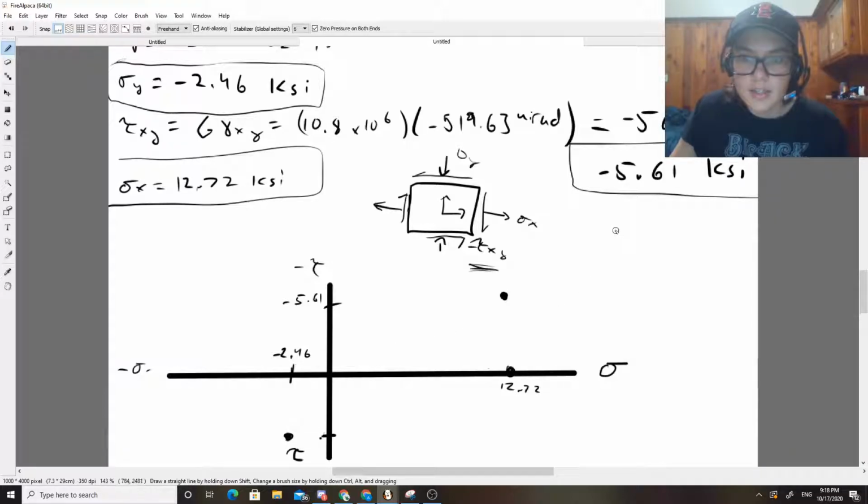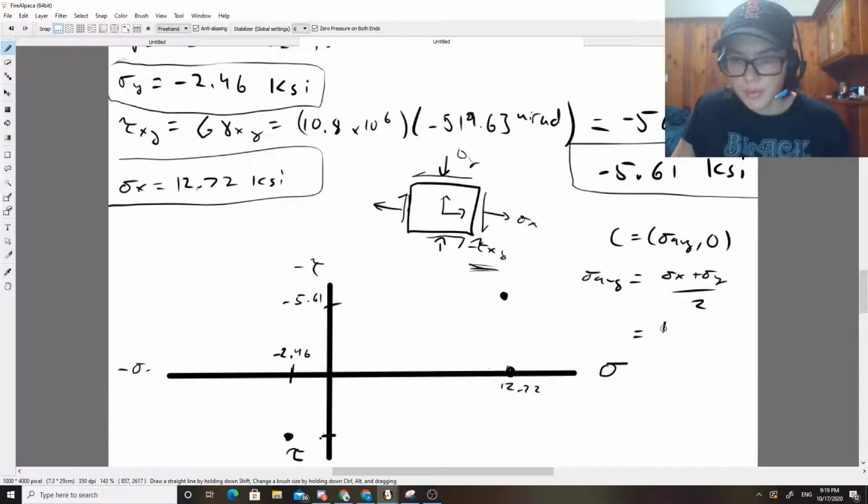And to find the center of our circle, center is just going to be equal to the stress average at 0. And stress average is just equal to our stress x plus stress y divided by 2, which is also equal to 12.72 minus 2.46 divided by 2.